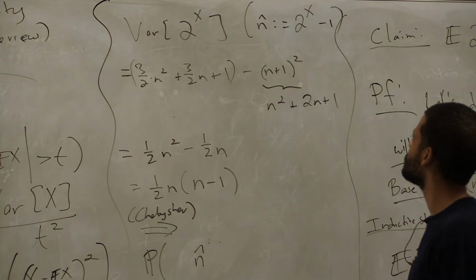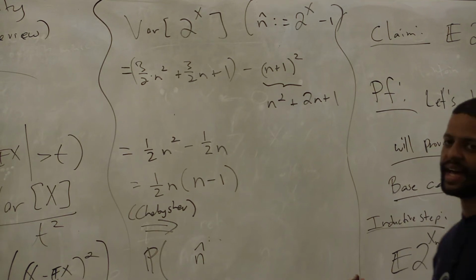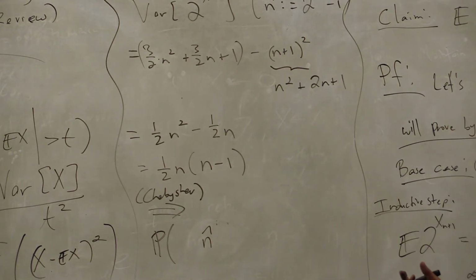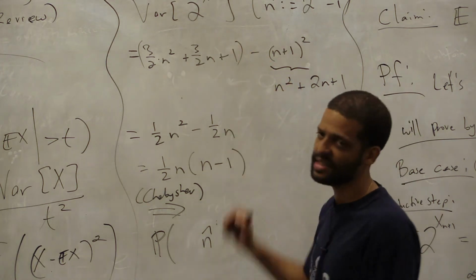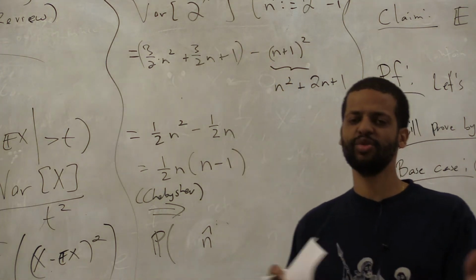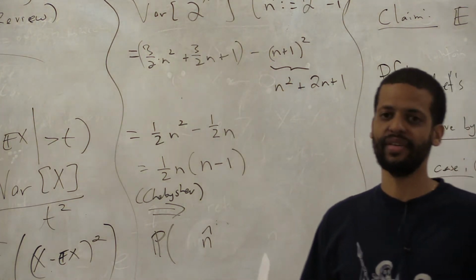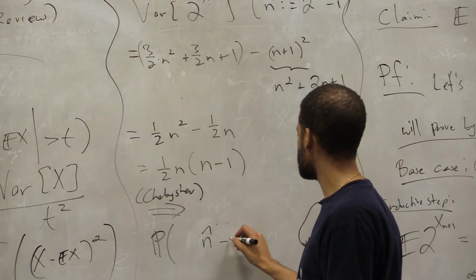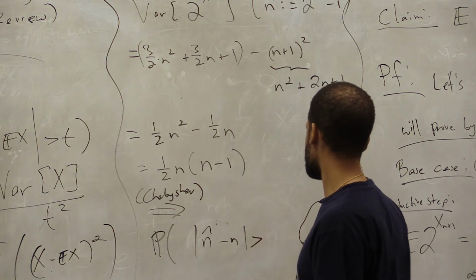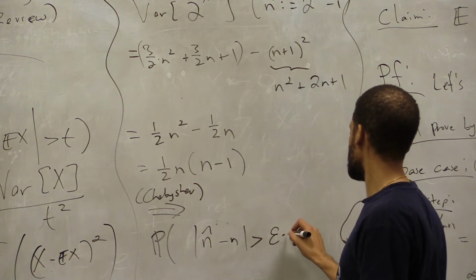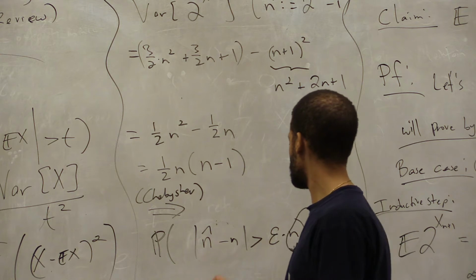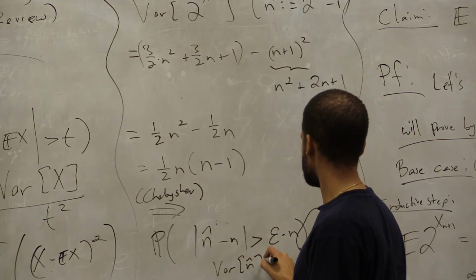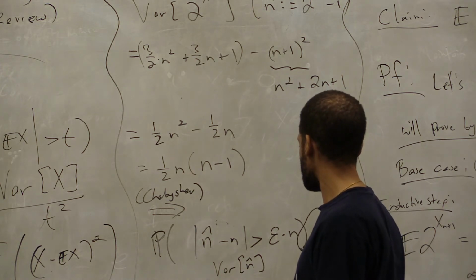We know that. The variance of n hat is the same as the variance of 2 to the x, because if you take a random variable and you translate it, that doesn't change the variance. So the probability that |n hat minus n| is bigger than, let's say, epsilon times n is at most the variance of n hat over epsilon squared n squared.